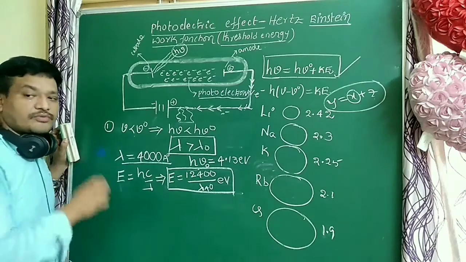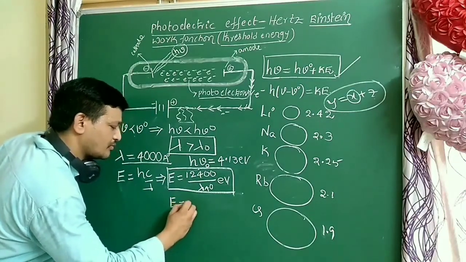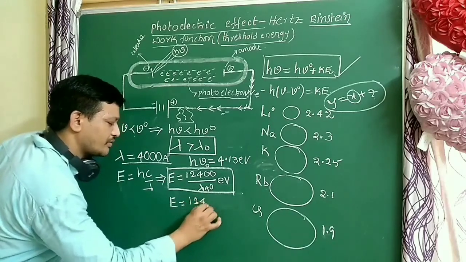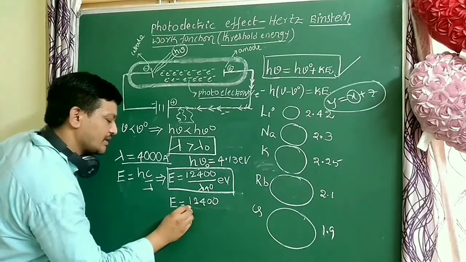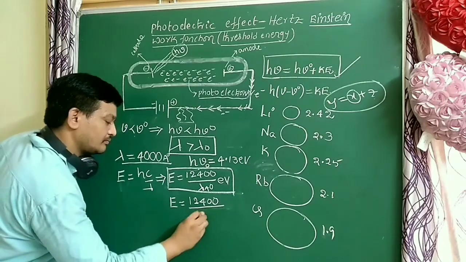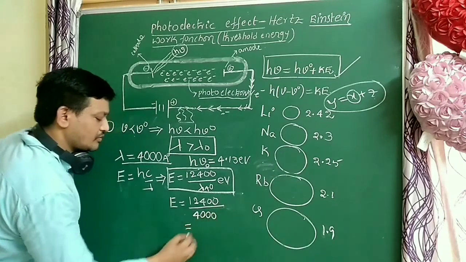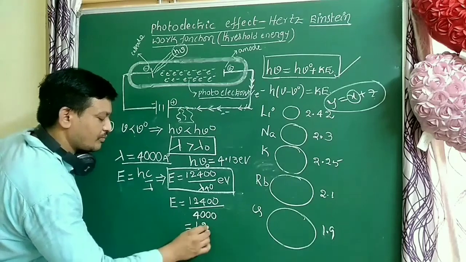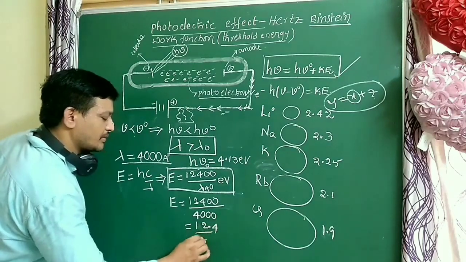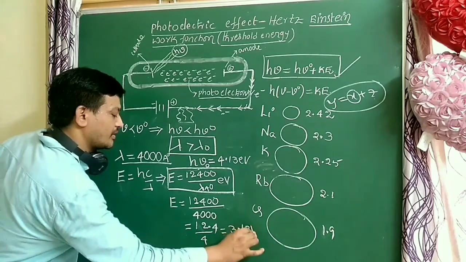Now we have to simplify that. So E equal to 12,400 by 4,000, which gives 12.4 by 4, that equals 3.1, approximately 3.1 electron volts.